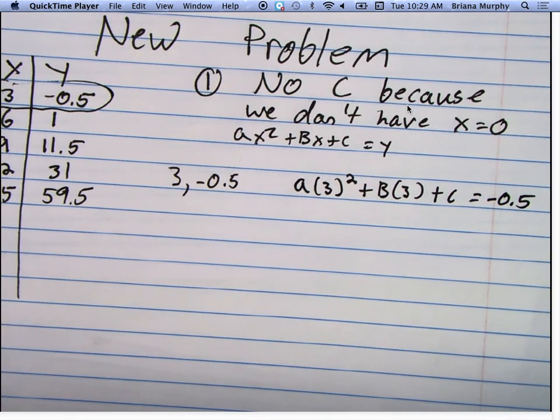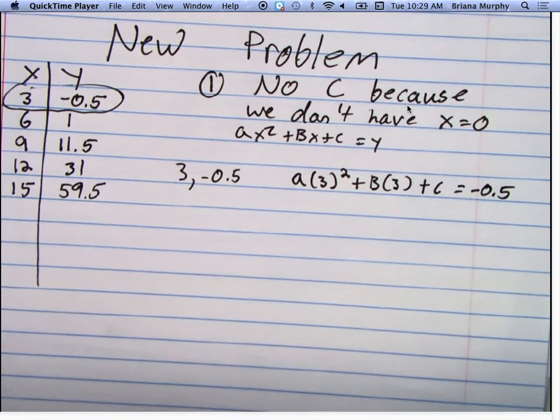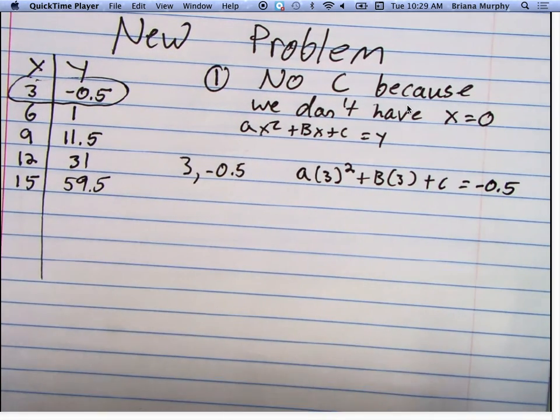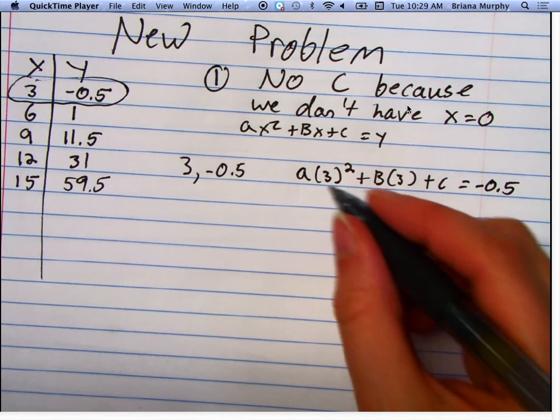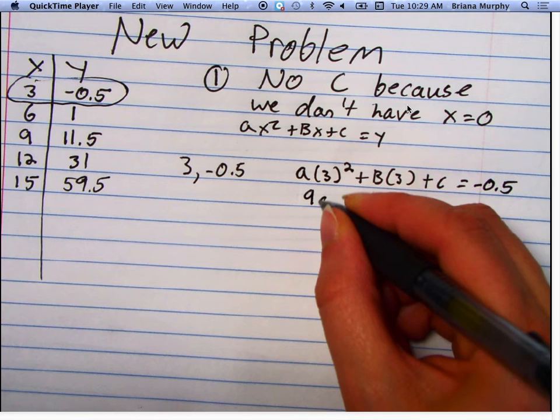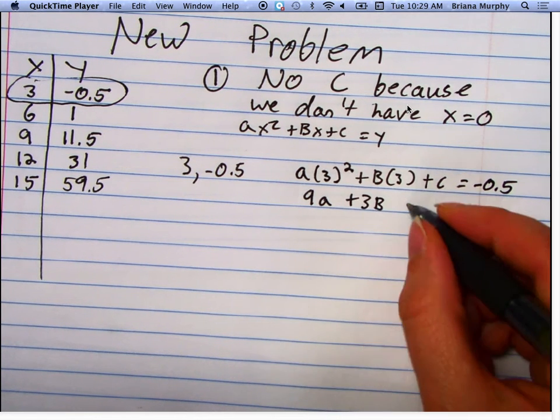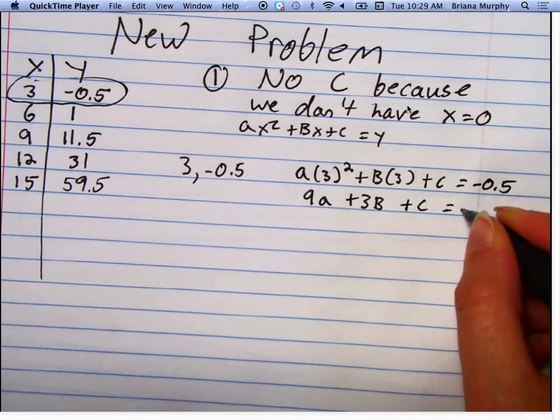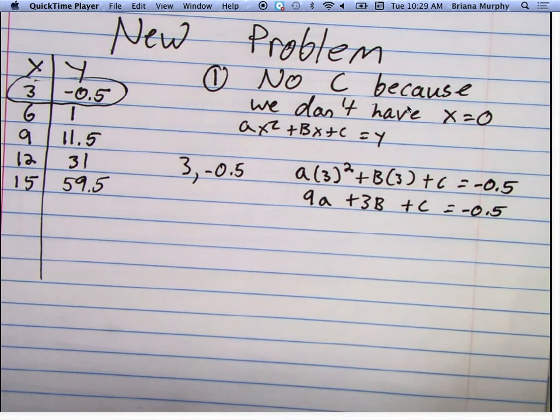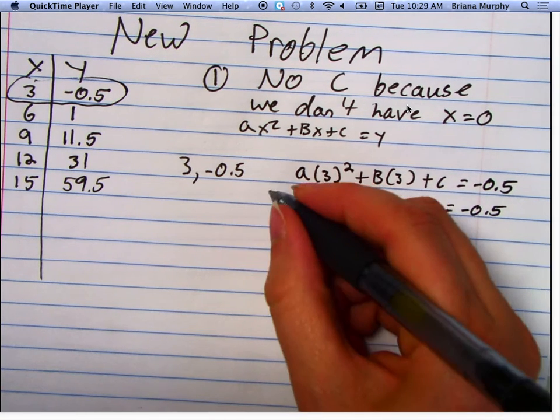So far, so good? All right, let's solve this so we have the full equation written down. That is 9A plus 3B plus C equals negative 0.5. Okay, so this is my equation number 1.